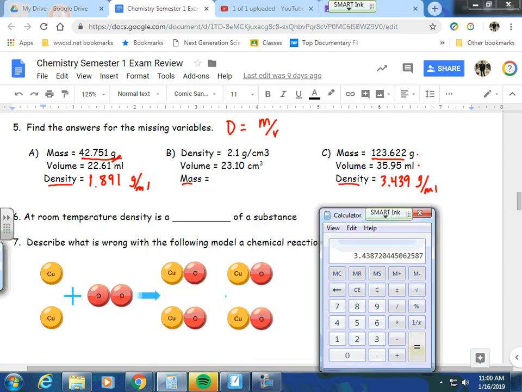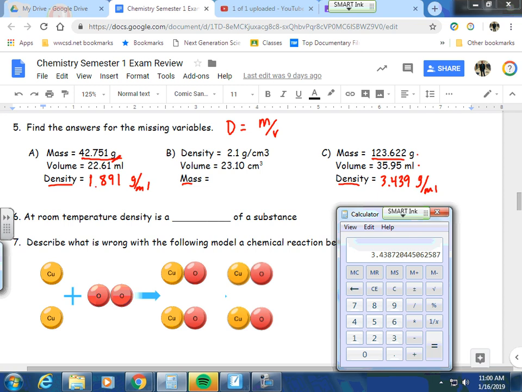So now on letter B, it's asking me to find the mass. I have to rearrange this equation. I have to find a way to solve for this. All right? So density equals mass over volume, and I want to solve for mass.